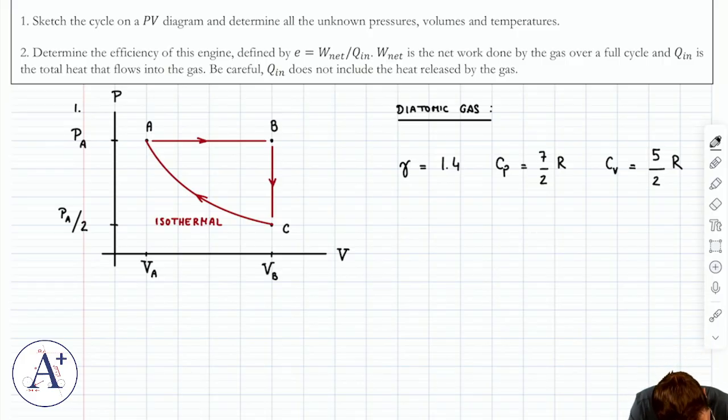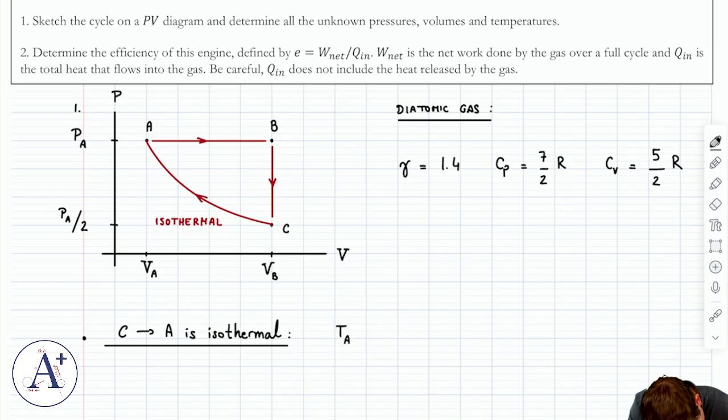All right, to find VB, we're going to argue that C to A is isothermal. And if it's isothermal, then TA is equal to TC. Well, that means that PA VA over NR is equal to PC VC over NR.